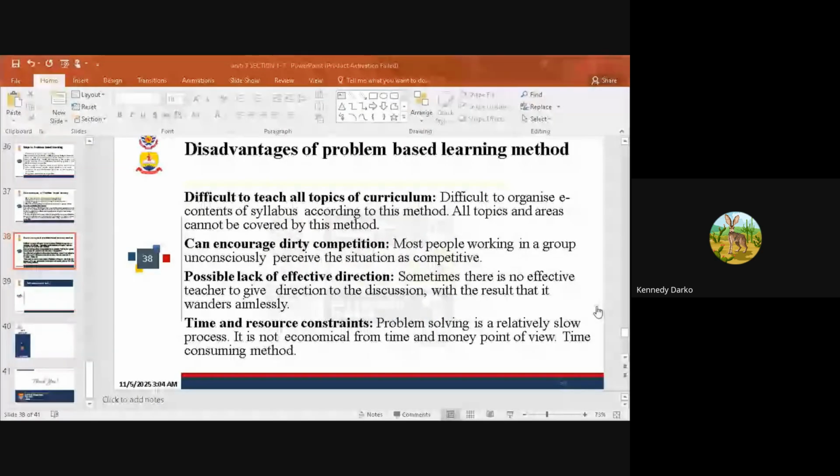You tell them that when you come back, you will take the exercise, so they should do it and bring it. So that is the problem-based learning method. You give them a problem within a stipulated time to complete, for you to see whether they've been able to get the concept that you taught earlier. Based on that, you give them a similar problem.